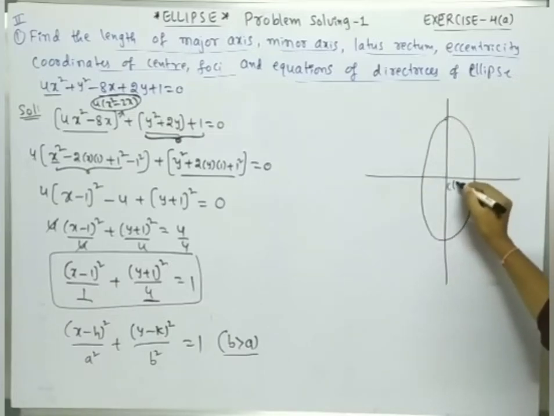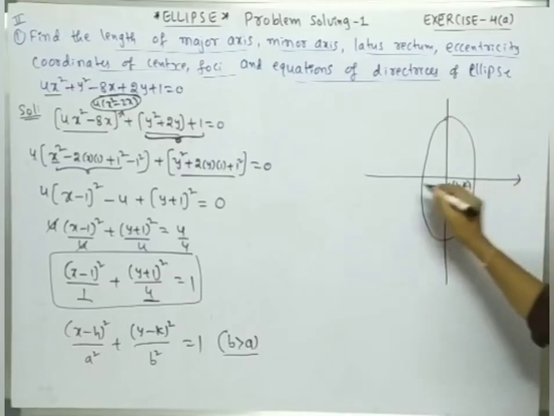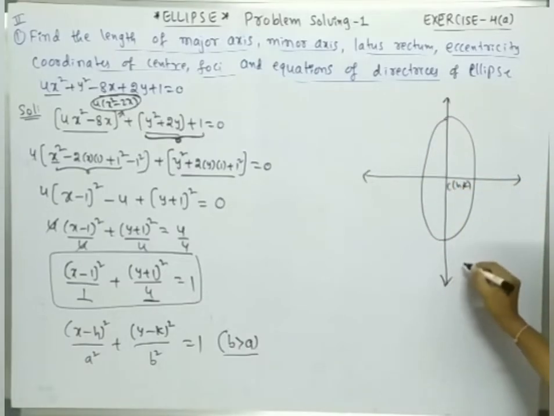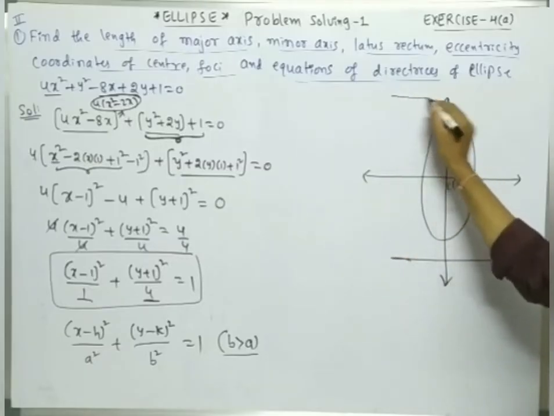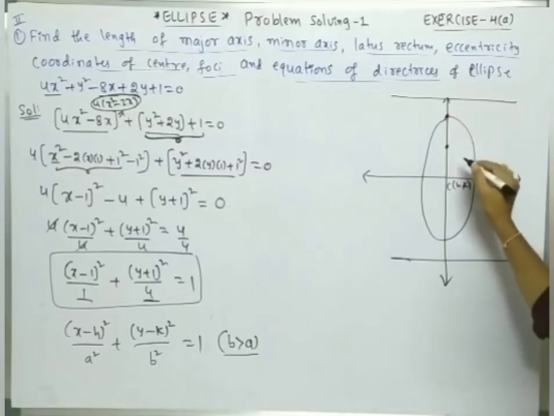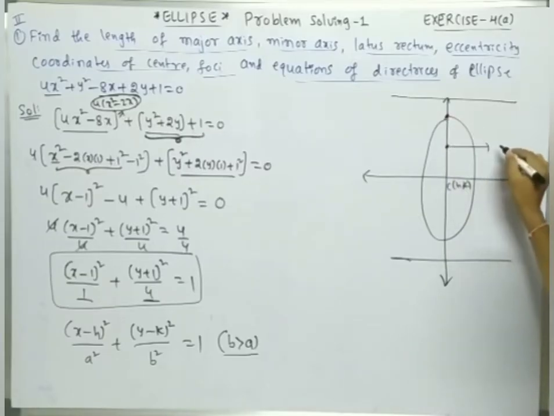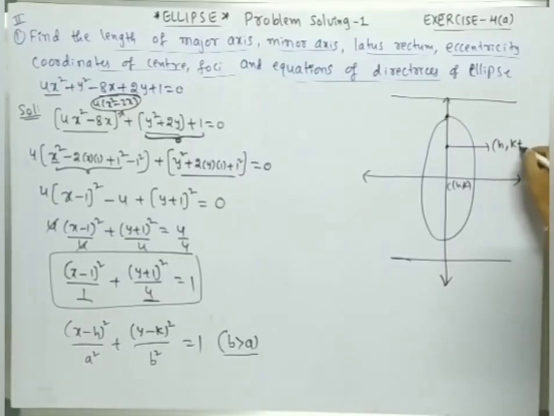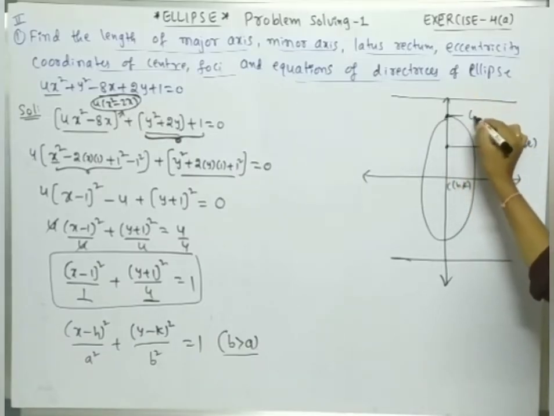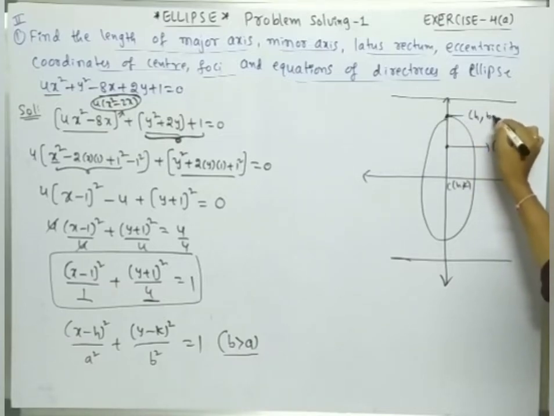The center is h comma k, a shifting of x square by a square plus y square by b square is equal to 1. These two are directrices. This is the center. The foci are shifted, so the foci are h comma k plus b. This is h comma k. The vertex is 0 comma b there, here h comma b plus k.